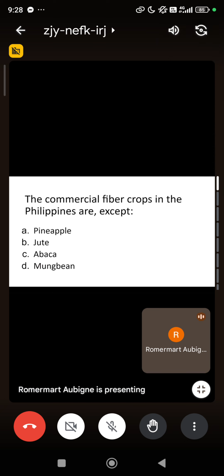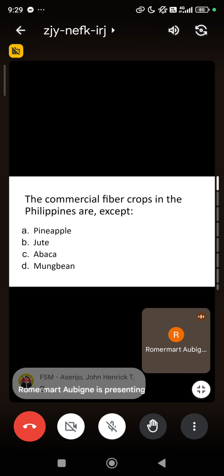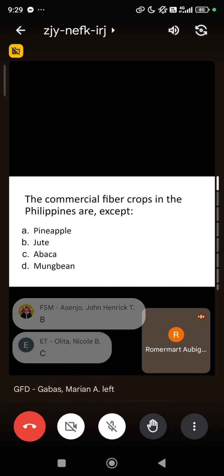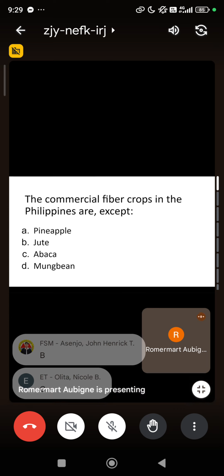Next, the commercial fiber crops in the Philippines are, except A, pineapple, B, jute, C, abaca, and D, mung bean or munggo.